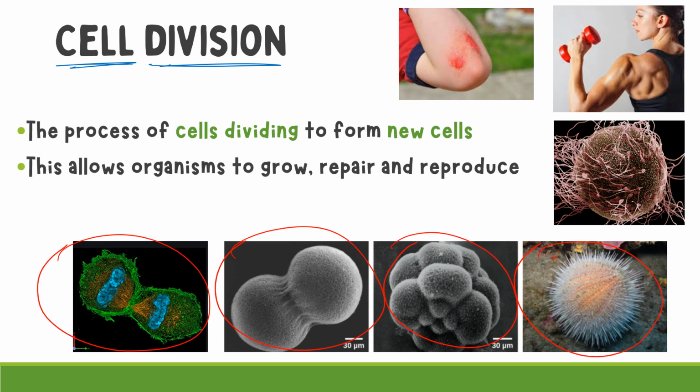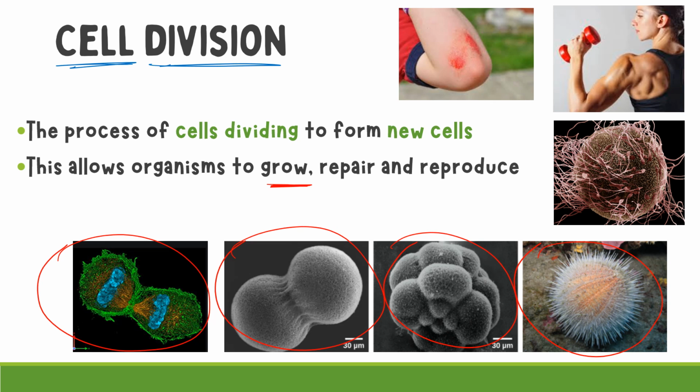So there are a couple of reasons why cells need to divide. Firstly is to grow, like with the sea urchin here. When you begin your life as an embryo and then become a fetus, a baby, a toddler, all the way up to an adult, you need to literally have more cells that make up your body. So cells divide constantly throughout your first 20 years as you're growing.